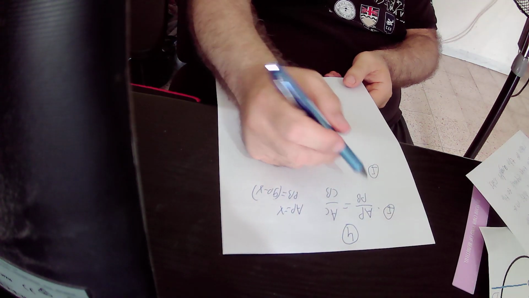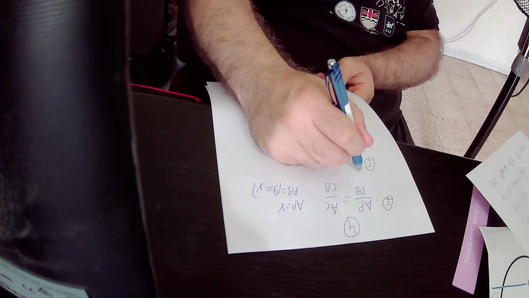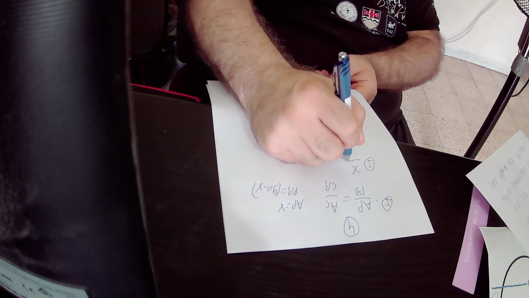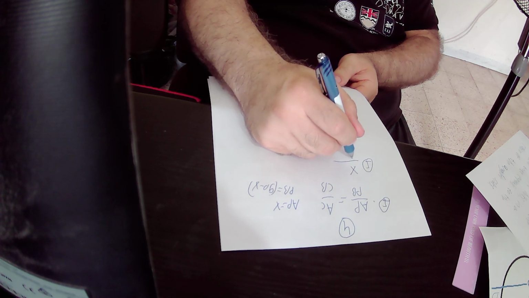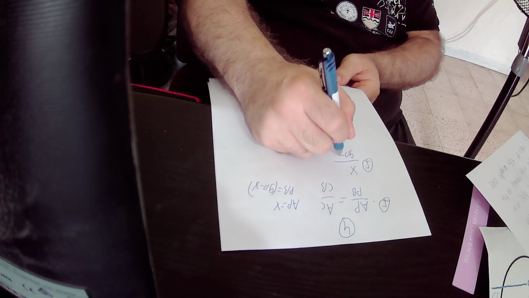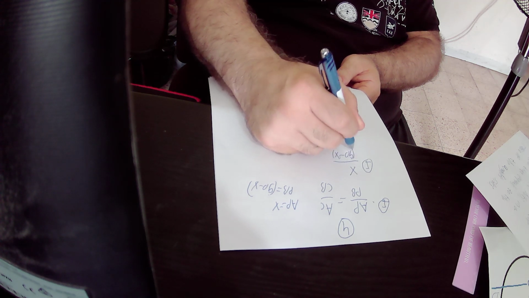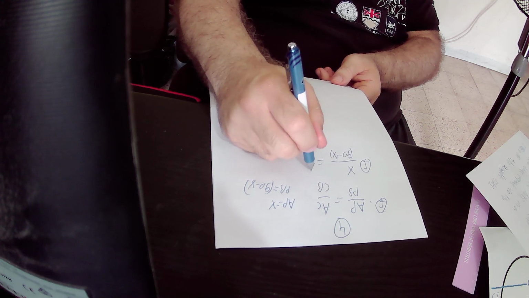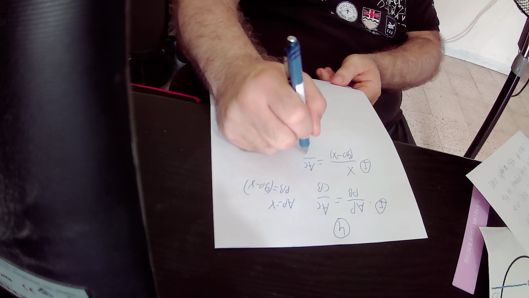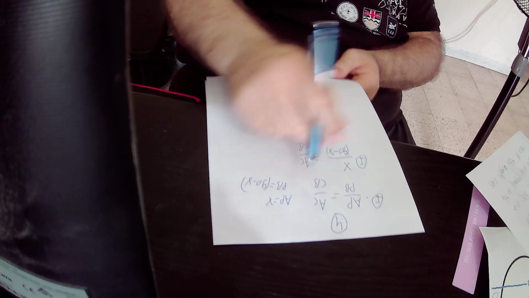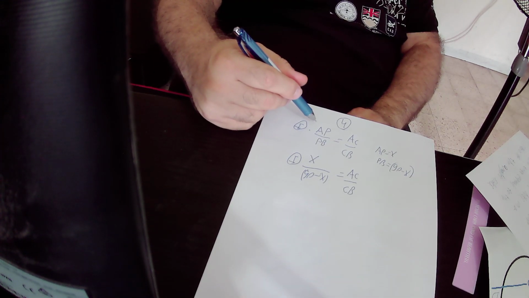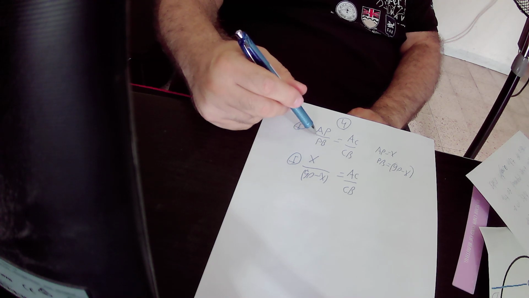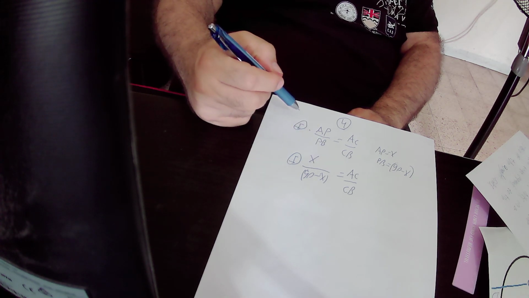Instead of AP, I write x over PB, and PB equals 90 minus x, all equal to AC over CB.